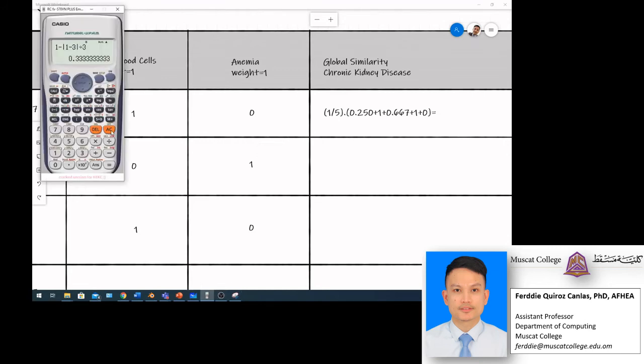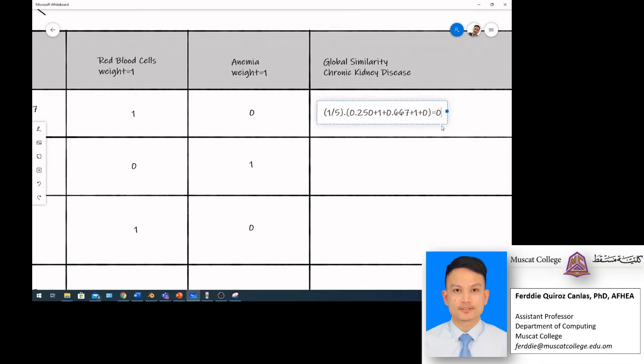Go with the calculator. 1 out of 5 multiplied by 0.250 plus 1 plus 0.667 plus 1 plus 0 close parenthesis equals 0.583, or this is equivalent to 58.3%.